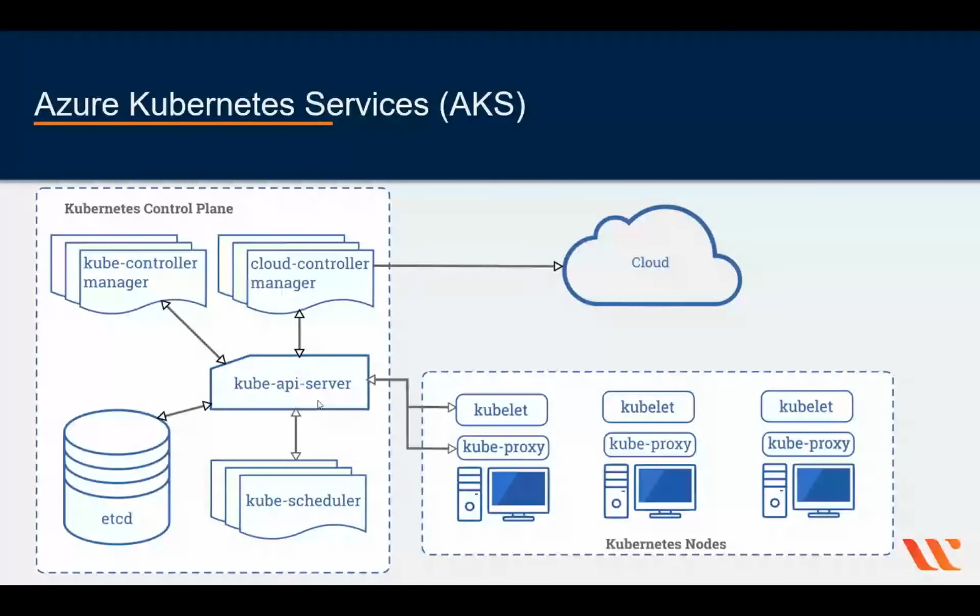Then there is a cloud controller manager. This one determines and checks the cloud provider. Let's say your AKS is hosted on Azure or your Kubernetes service is hosted on AWS. Regardless of where it is hosted, you will still have a check done to see if a node has been deleted in the cloud after it stops responding.